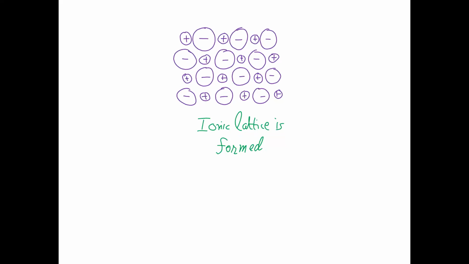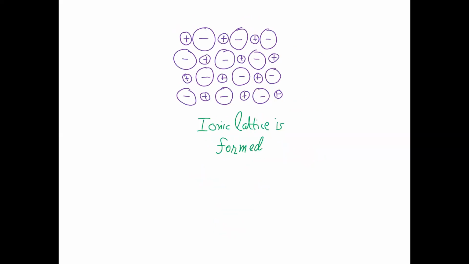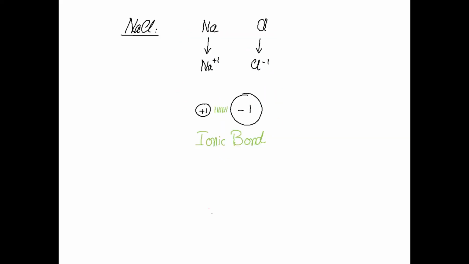Now, this is called an ionic lattice. One is positive, one is negative. So when you allow them to move, they will come together and attract each other. NaCl, for example: Na loses an electron, becomes Na plus, and chlorine gains an electron, becomes chloride minus.